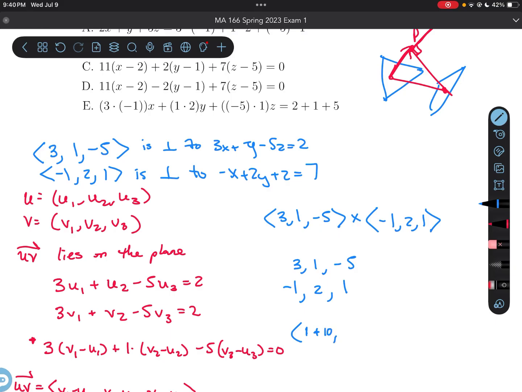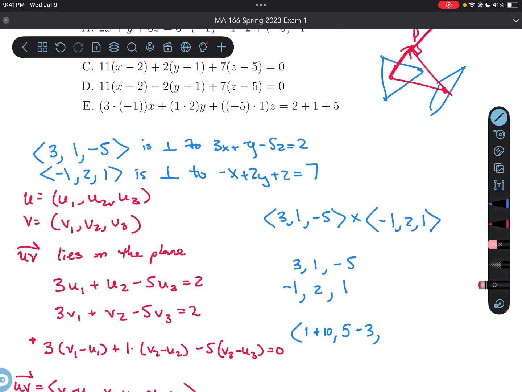Then I do the shoelace. Now I consider the outside two columns. I take negative 5 times negative 1 minus 3 times 1, that's 3. Then I consider the first two columns.